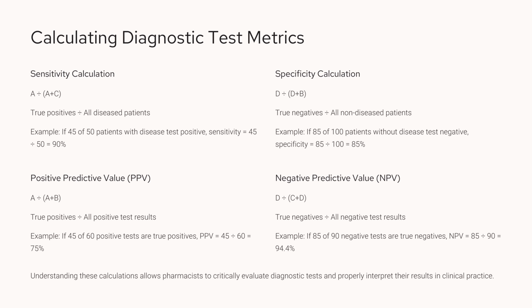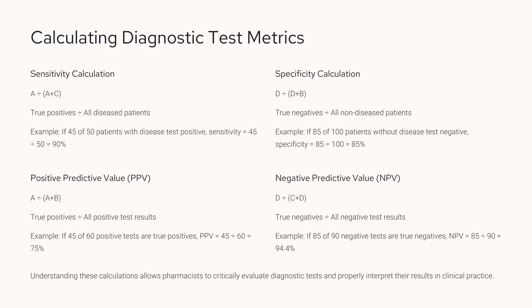Once you set up that 2x2 diagnostic table, then you can start doing calculations fairly easily and help demystify sensitivity, specificity, positive predictive value, negative predictive value. I'll go over two examples. With the sensitivity calculation, it's A divided by A plus C, which is that total number.